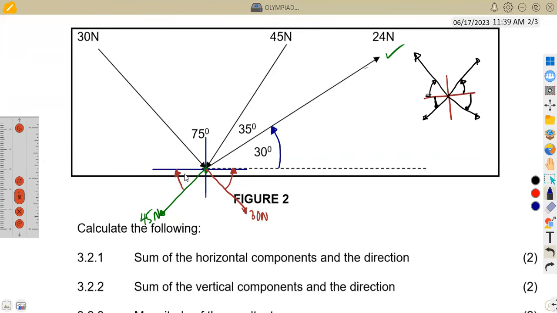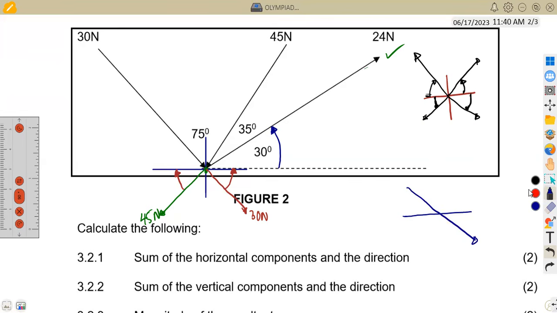All right, let us consider what we have on the 30 Newton part that we are having here. We extended the 30 Newton direction here. This is a horizontal line, and then we extended the force of 30 Newton like this.